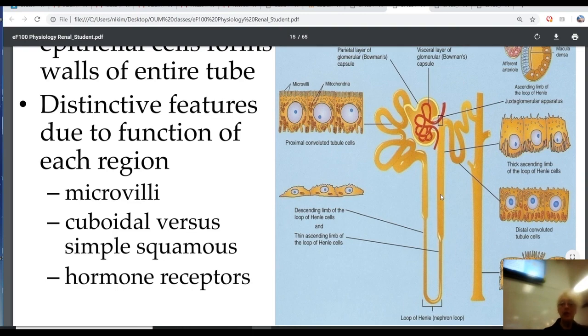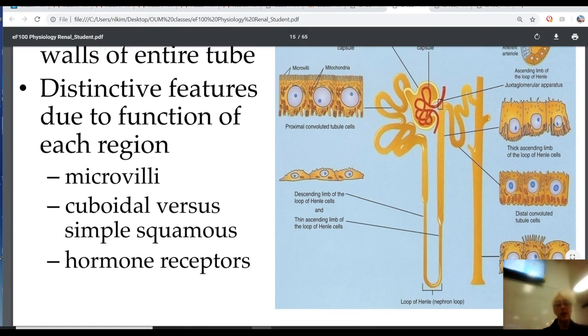So as I mentioned earlier, you notice the thickness of these tubules, especially in the descending and ascending loop of Henle, are not there by chance. It's really important. The thickness is differentiated, of course, by cellular structure.